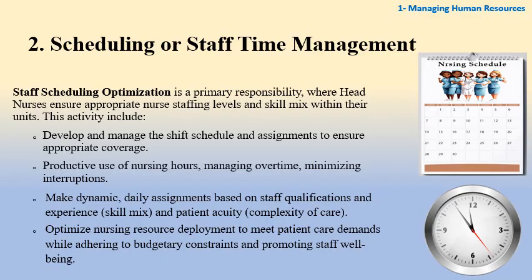This activity includes developing and managing the shift schedule and assignments to ensure appropriate coverage, productive use of nursing hours, managing overtime, minimizing interruptions, and making dynamic daily assignments based on staff qualifications and experience, skill mix, and patient acuity, complexity of care. Optimize nursing resource deployment to meet patient care demands while adhering to budgetary constraints and promoting staff well-being.